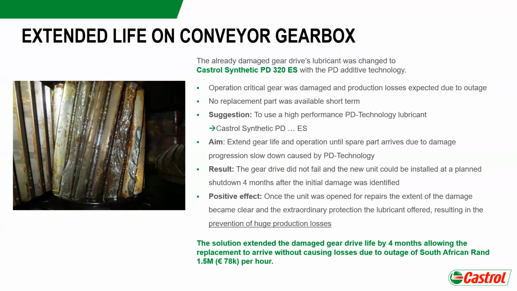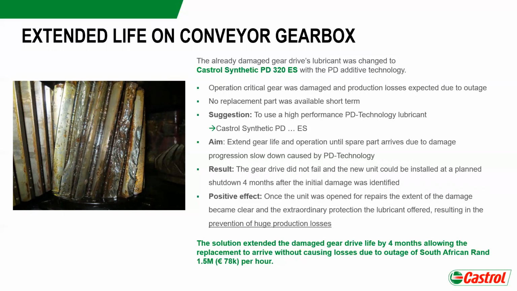Essentially, PDES kept the gearbox running for 4 months until these replacement parts arrived and could be repaired in the planned shutdown. Had the gear failed, this could have cost about 78,000 euros per hour in lost production.